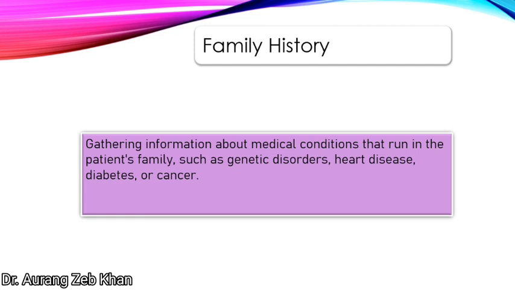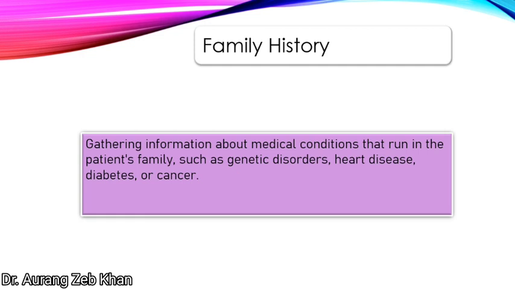This is very important because if there is a clue regarding a suspicion of a familial pattern of a disease, and if it runs in other members of the patient's family, then you can suspect a familial trend of that disease and also determine the risk of the patient.